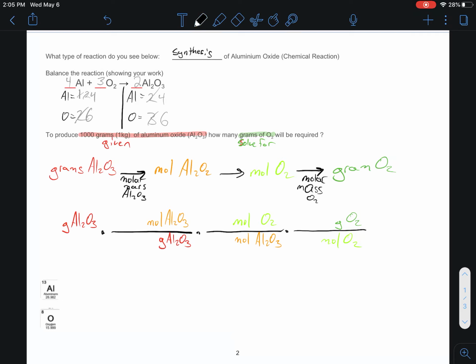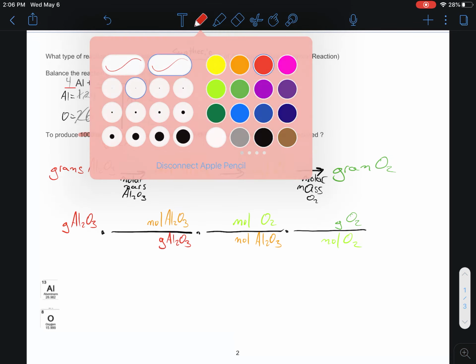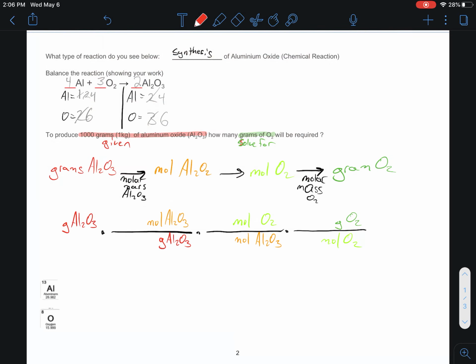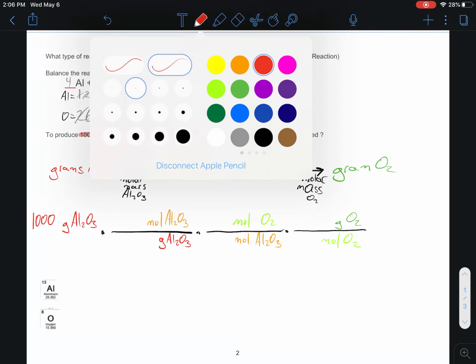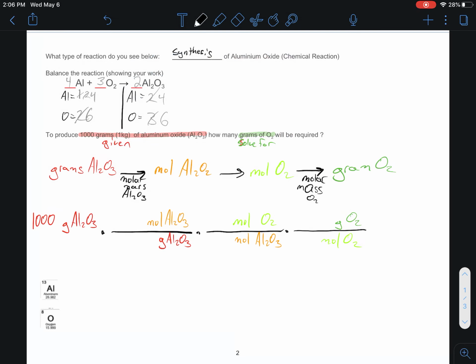All right, assuming you paused and tried that, your given was 1,000 grams of aluminum oxide, so I need to write 1,000 right there. The next step on that quick pause was to determine the molar mass of Al2O3.